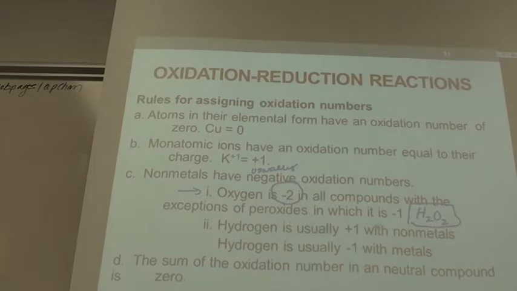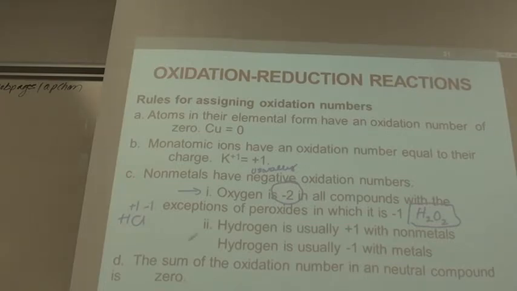Hydrogen is usually +1 with metals. Non-metals, I'm sorry. With non-metals. So if you see hydrogen covalently bonded to chlorine, chances are the hydrogen has a charge of +1. What would the chlorine have? -1.